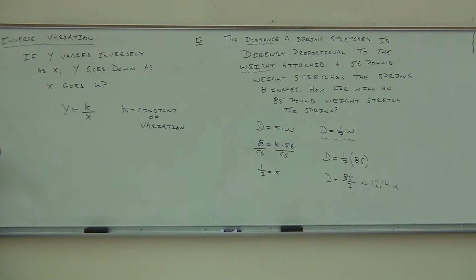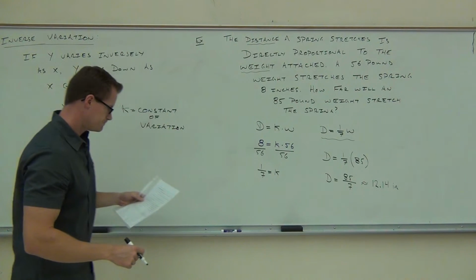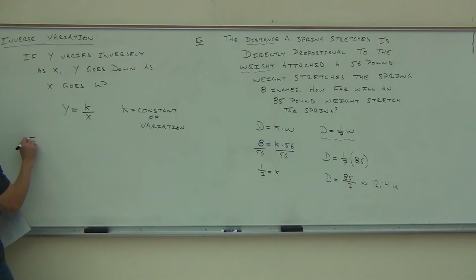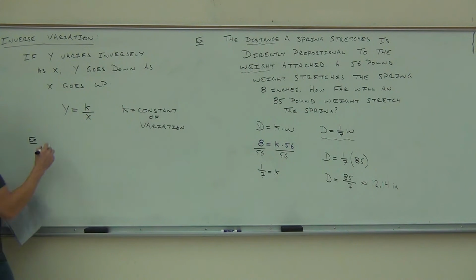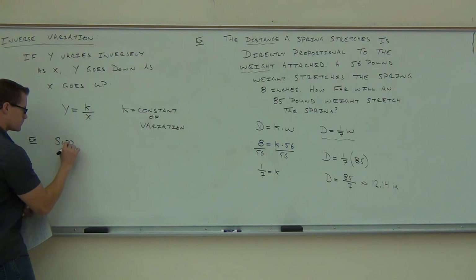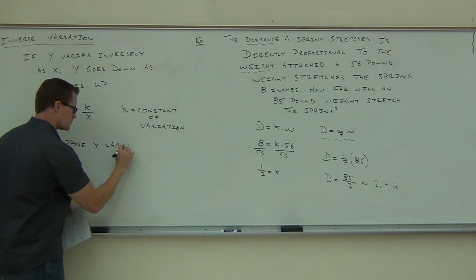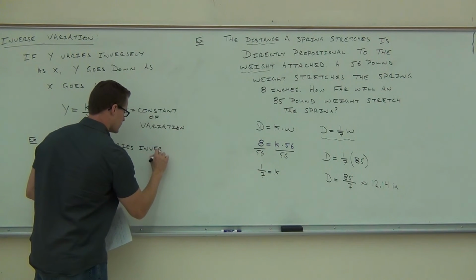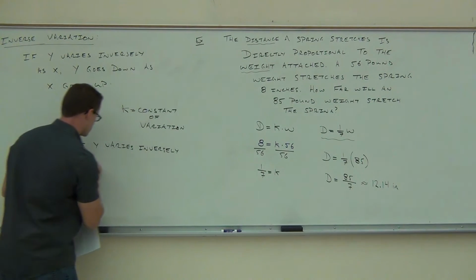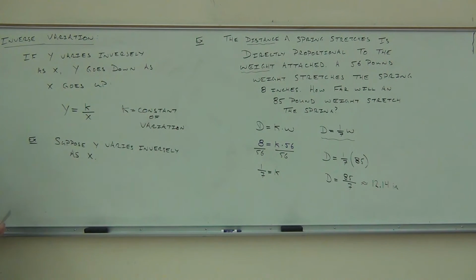Let's see if we can wrap this around an example, then do a word problem similar to this one, and we'll be done with our section here today. Okay, so let's suppose y varies inversely as x.